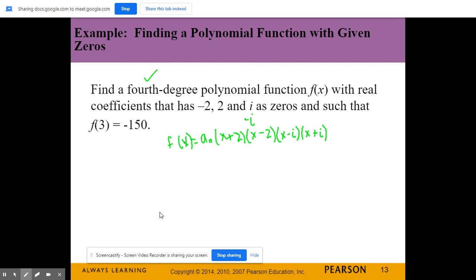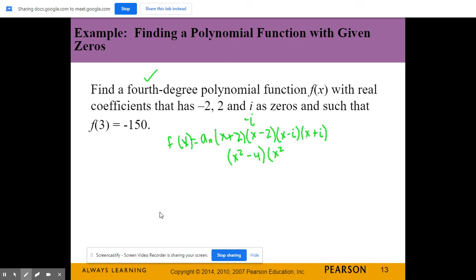Now I'm going to FOIL all those together. I think it would make sense to do the first two together, then the second two together, and then multiply those results together. So x times x is x squared. X times -2 is -2x. 2 times x is 2x. So that would add to 0. And then 2 times -2 is -4. And then x times x is x squared. X times i is ix. Negative i times x is negative ix.